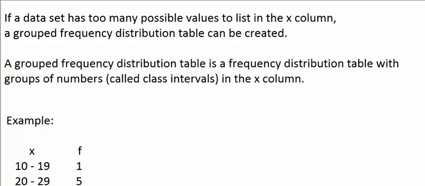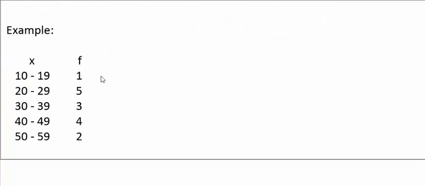So in that situation, what you would do is create something called a grouped frequency distribution table, which has groups or intervals in the X column rather than just numbers. Here's an example of a grouped frequency distribution table. What we've done here is put decades in the X column, and the frequency of each decade in the F column.